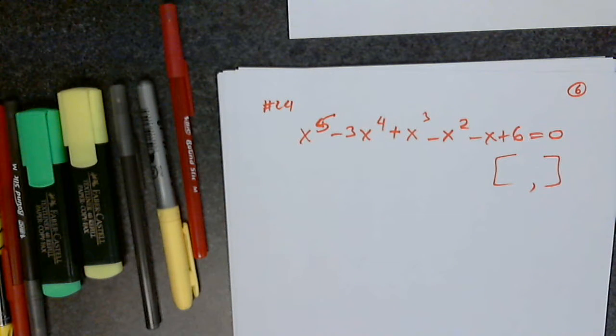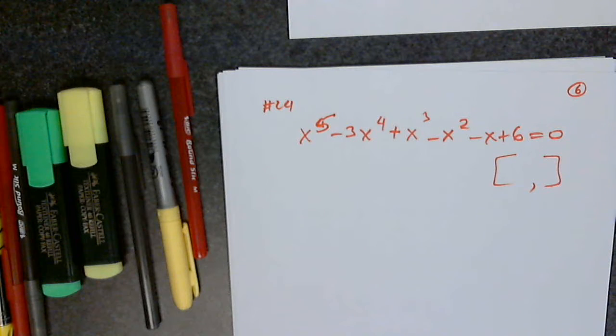Okay, so minus 3x to the 4th plus x cubed, and then minus x squared, and then minus x plus 6. Okay, so now I go to second and table, and I start punching in numbers.